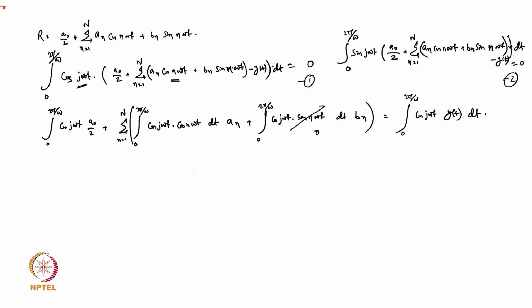So this portion automatically becomes 0, and this can be written as the integral from 0 to 2 pi by omega of cos of j omega t into a0 by 2, plus, and in this case only one term will remain, the integral from 0 to 2 pi by omega of cos square j omega t into aj.